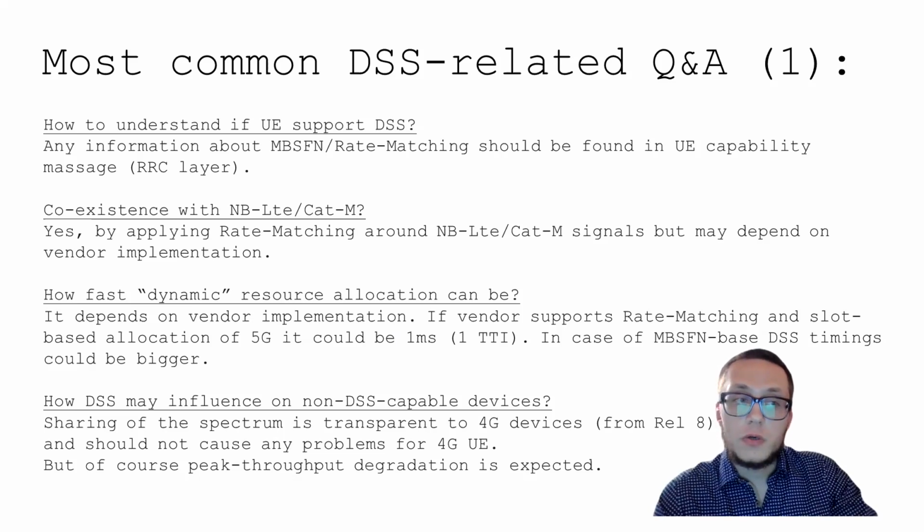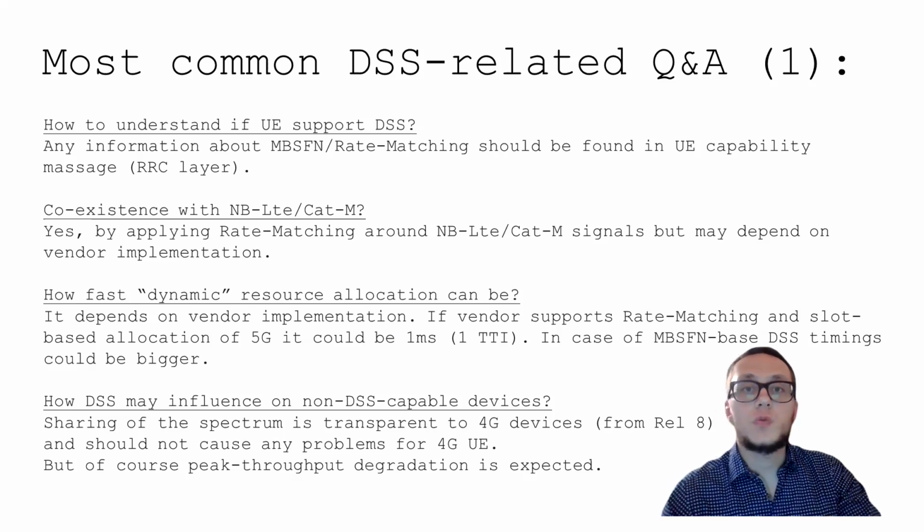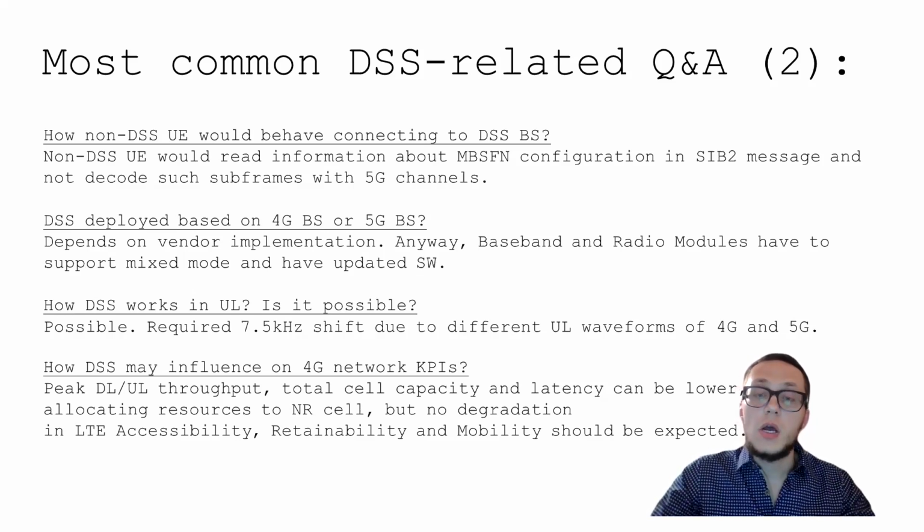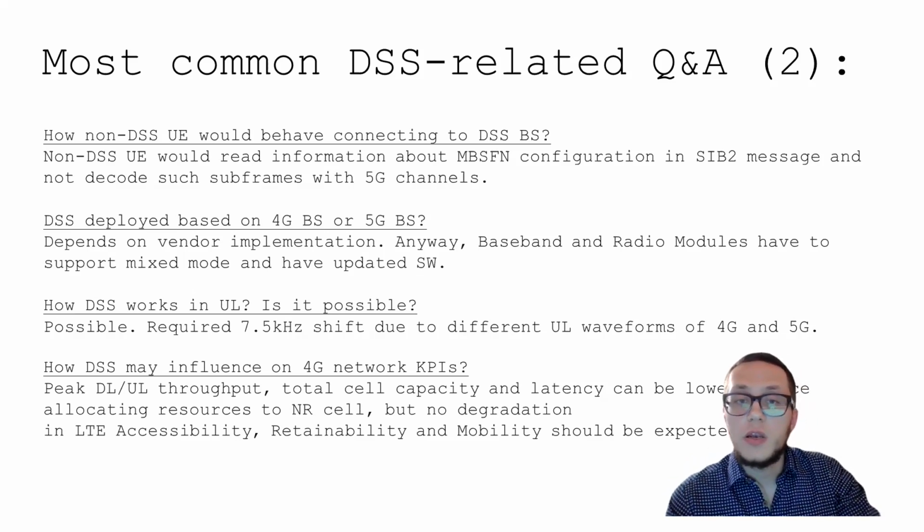But of course, we understand that we share resources with 5G, and regular 4G users may experience a reduction in peak throughput rates, so it can be expected. How would a non-DSS user behave connecting to a DSS MBSFN cell? Well, actually, I already said about this. They will read the system information block and understand if there is possible 5G transmission or not.